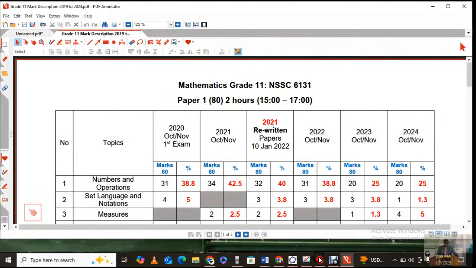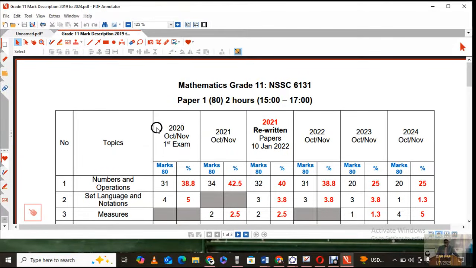Okay, so welcome back. I'm going to release a booklet, and this booklet will contain the mathematics question papers that were written since we introduced this system from 2020.